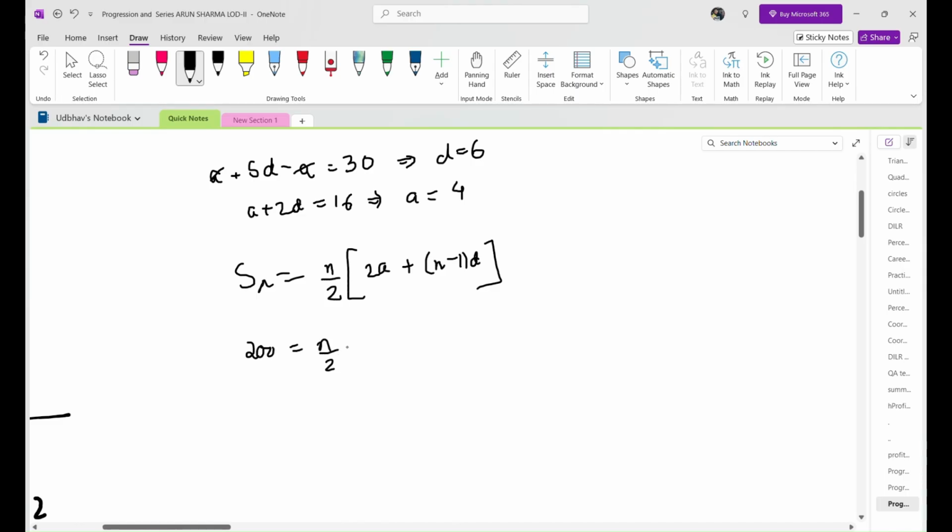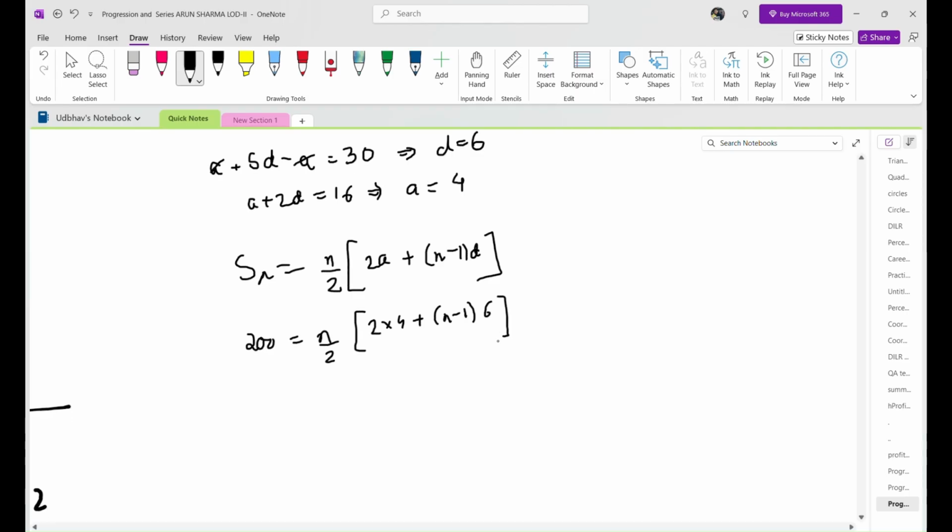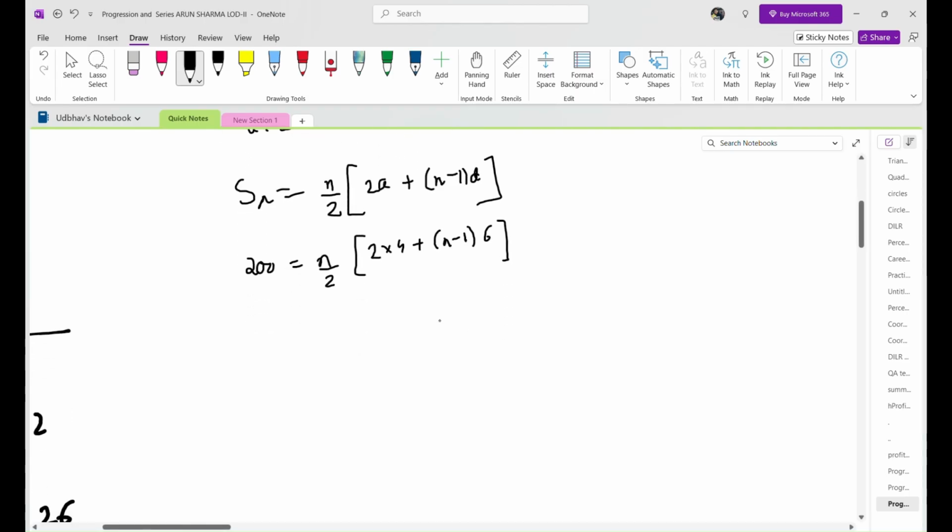200 equals N upon 2, 2 into 4 plus N minus 1 into 6. We can just solve this equation and get an answer.